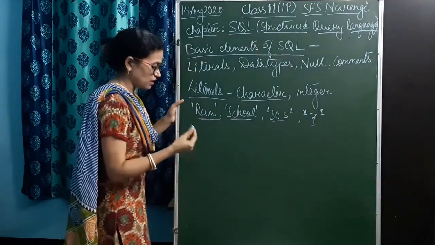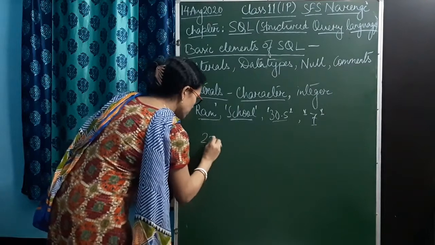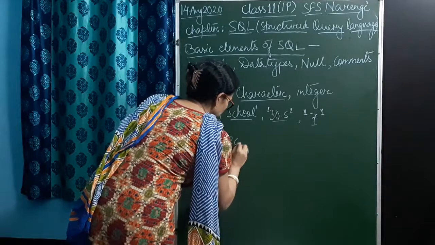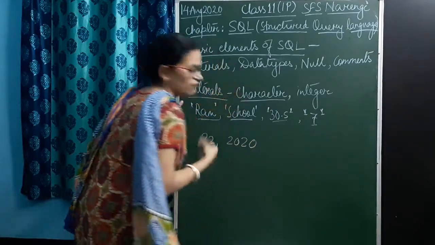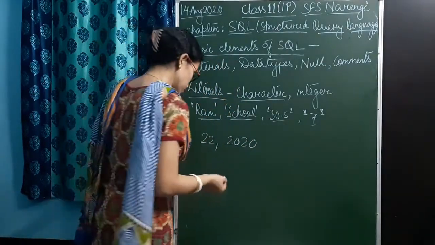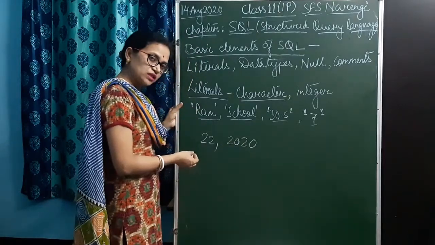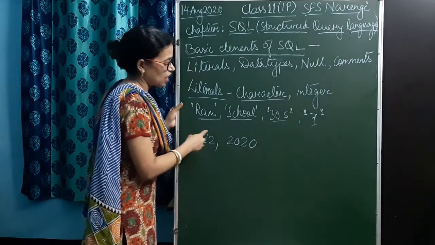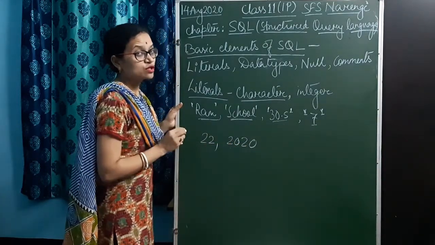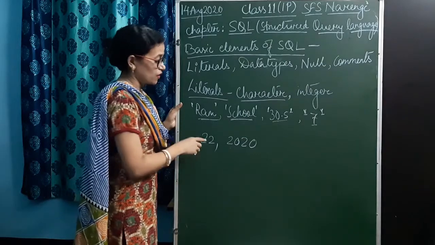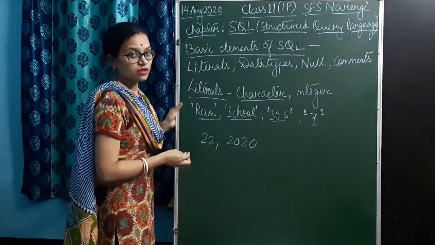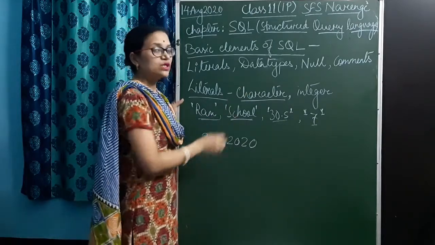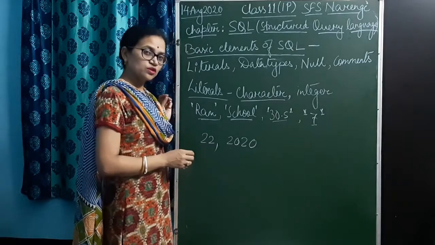Under integer literals, any kind of number, suppose 22, or any other big number, suppose 2020, if I take it as a number only, it's 2020. These are integer literals, because these are numbers but they are not enclosed within any inverted commas, not single, not double. If the numbers are not enclosed within single or double quotes, then they go to integer literals. Clear up to this, students?